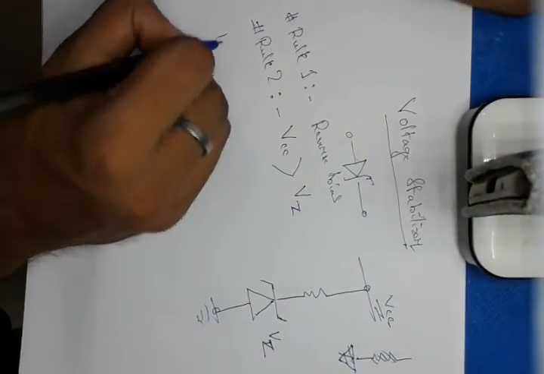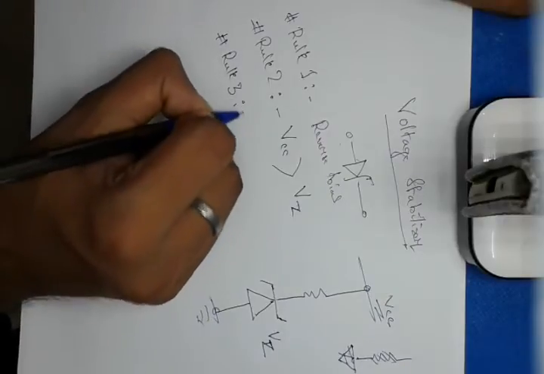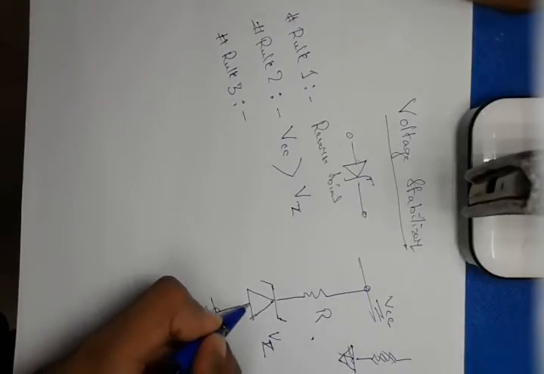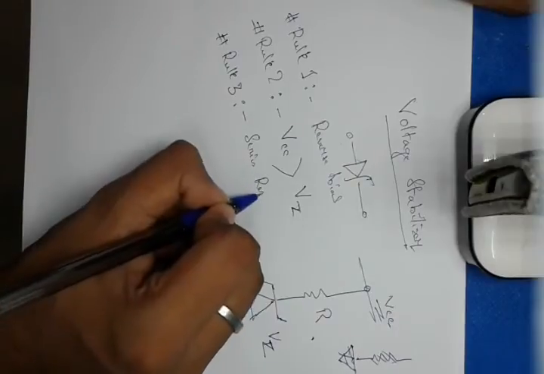Rule 3: there has to be a resistance in series with this, a series resistance.